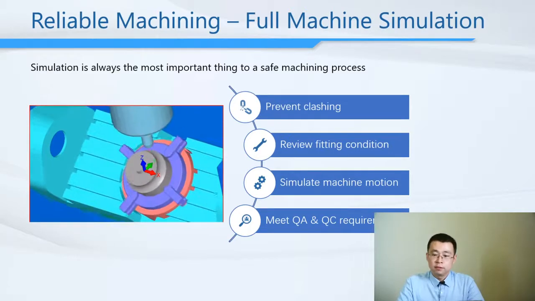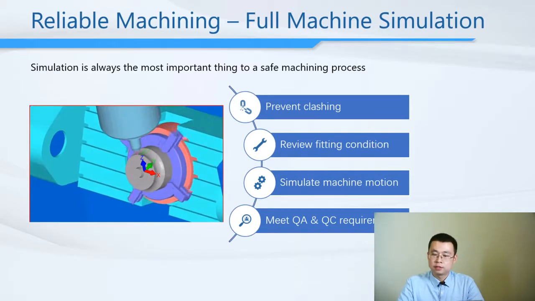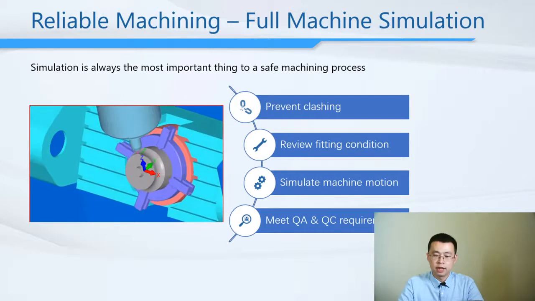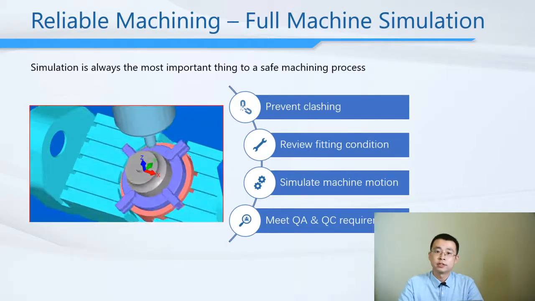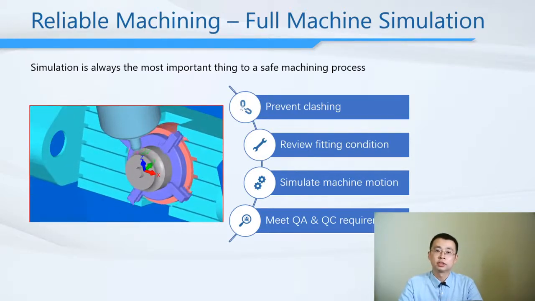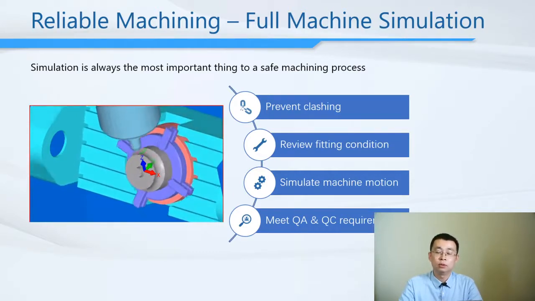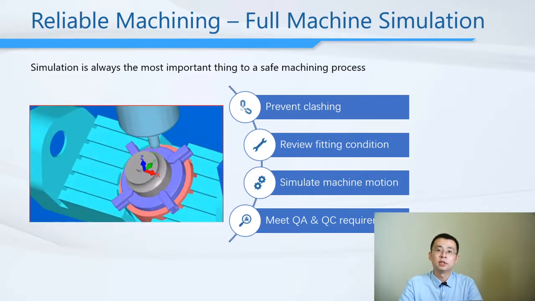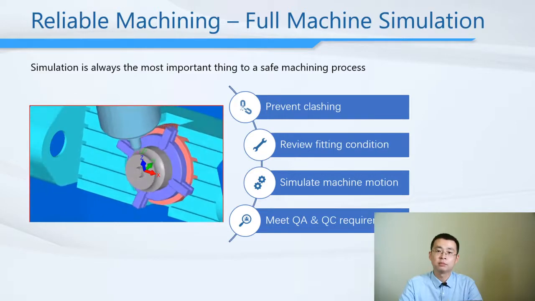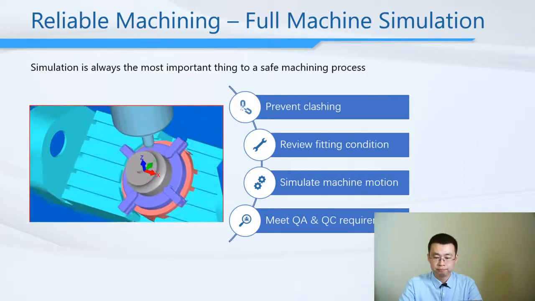Full machine simulation, you can check the picture in the slides, is a simulation that includes all the machine components, including the spindle, the holder of the tool, the clamps, the table, all the components that have to be simulated or checked for motion.